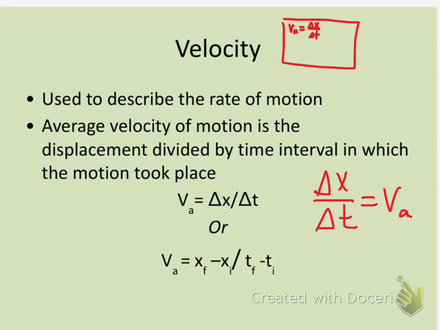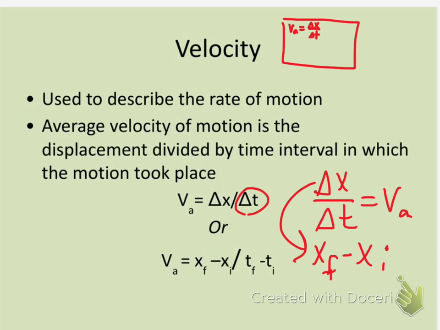Now, your change in position, if you remember, is just equal to your final x position minus your initial x position. That's your delta x. By the same token, we talk about delta t, change in time. If that's from t equals 1 second to t equals 5 seconds, then delta t equals 4 seconds.